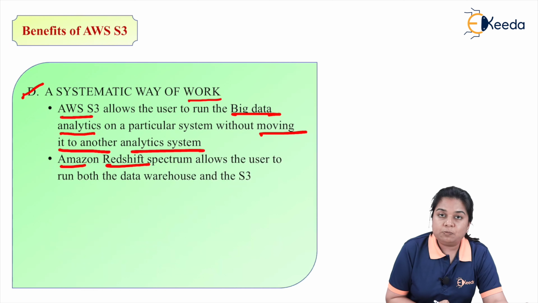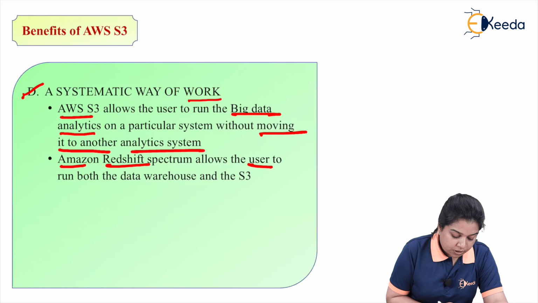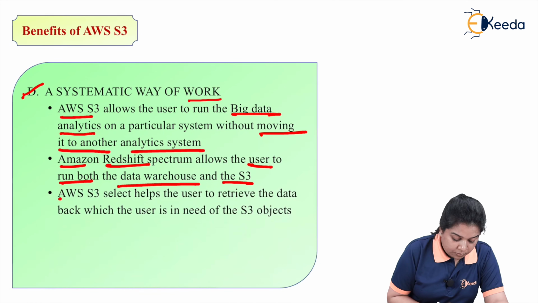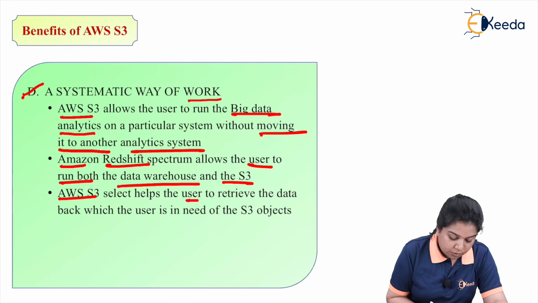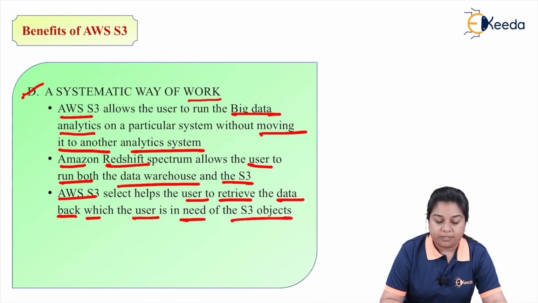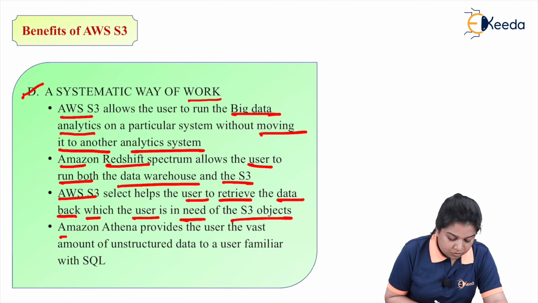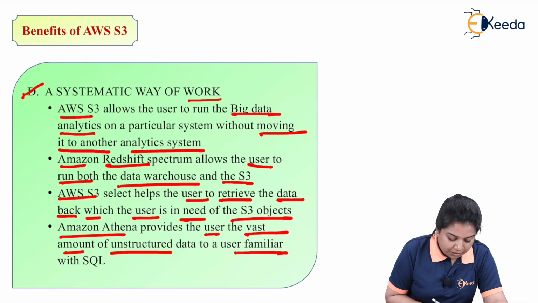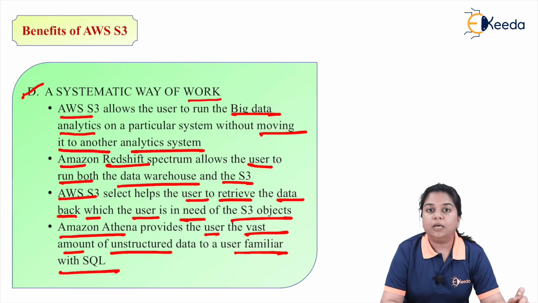Amazon Redshift Spectrum allows the user to run both the data warehouse and the S3. AWS S3 Select helps the user to retrieve the data which the user needs from the S3 objects. Amazon Athena provides the user access to a vast amount of unstructured data, for a user familiar with SQL.